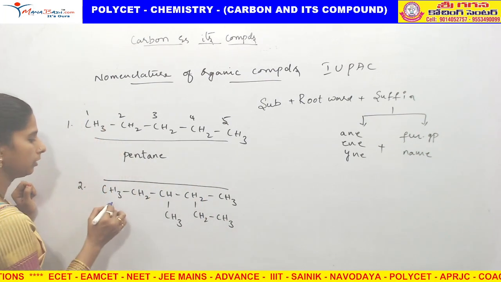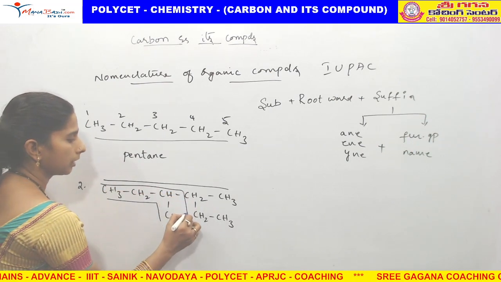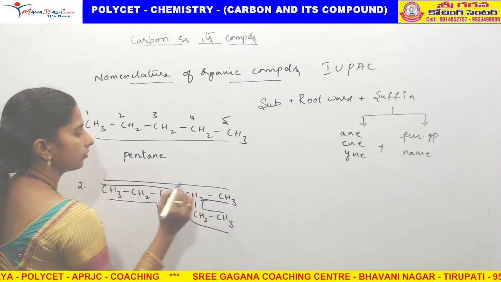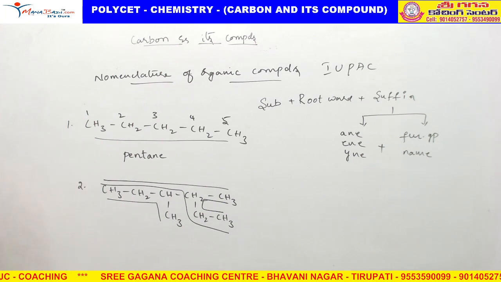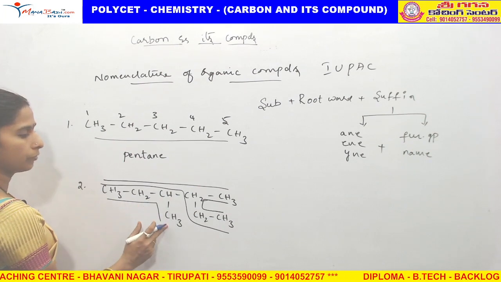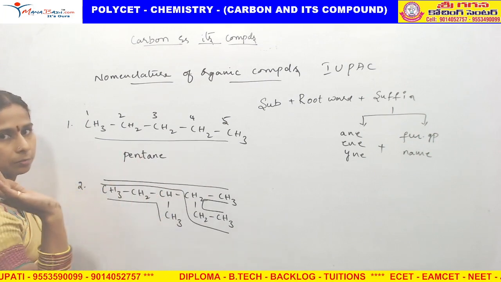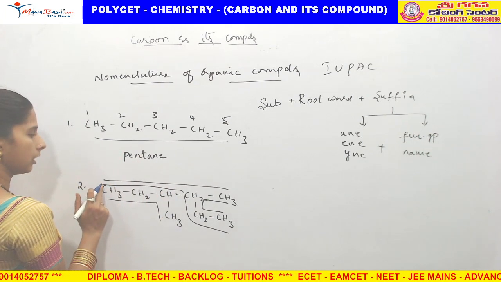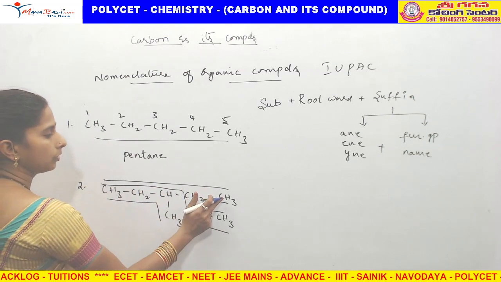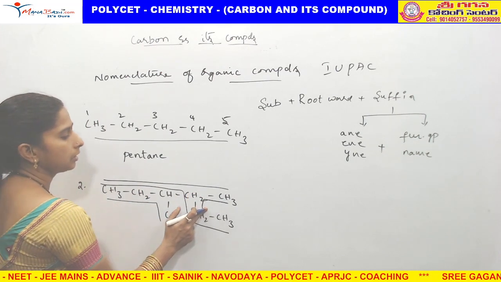One possibility, second possibility, third possibility is like this. Fourth possibility is like this. Which is the long chain? Based on number of carbons: this order gives 1, 2, 3, 4, 5 carbons, another order gives 1, 2, 3, 4, 5, 6 carbons. Which is correct? The 6 carbon chain is correct.